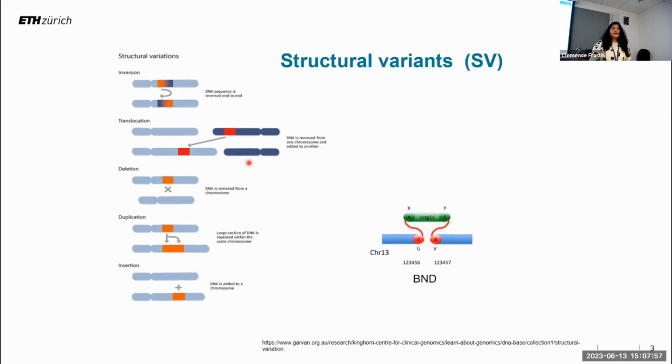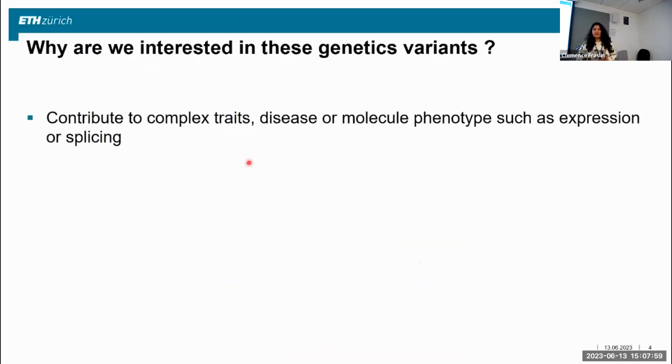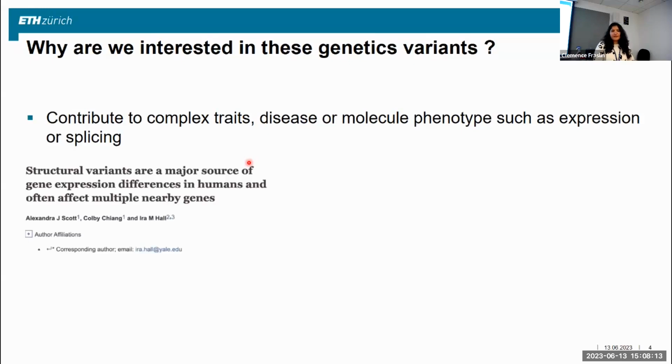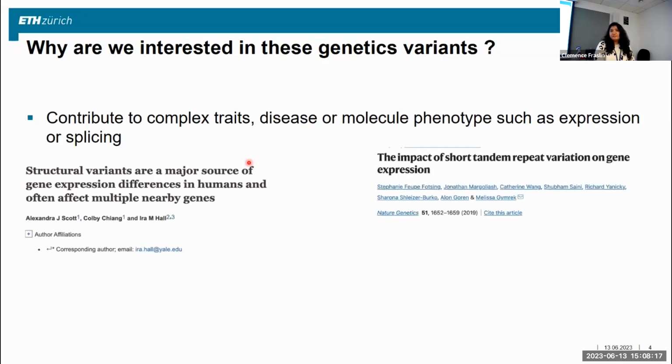So why are we interested in these genetic variants? One of the main reasons is that they are found to be associated with complex traits, disease, and molecular phenotypes such as gene expression and splicing. There are several studies in human which identify how they could be associated and how they are impacting expression and phenotype.